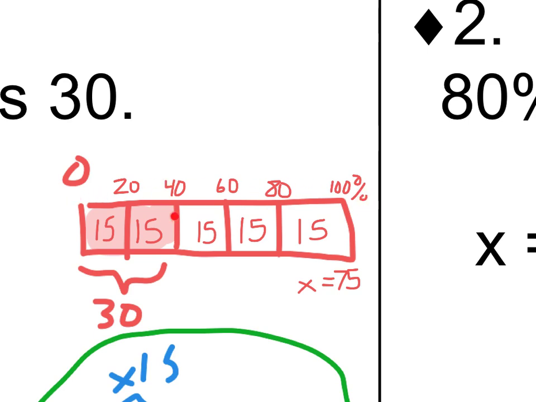Okay, and this is 40%, which is also equal to 30 of the value that I'm comparing with 30 and x. So I make these two boxes worth 30 for the bottom part. And if that's the case, I've got 30 broken into 2, which is 15. That means each box is 15 because they're all the same size. And so 5 15s would equal 75, or the total.